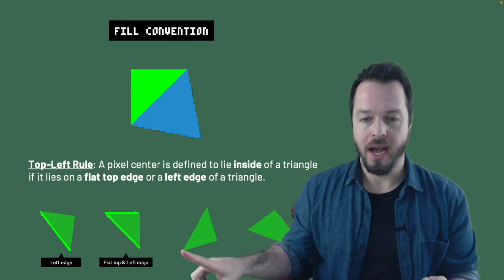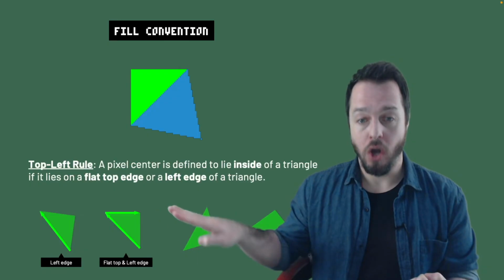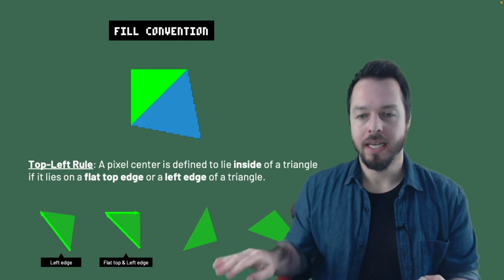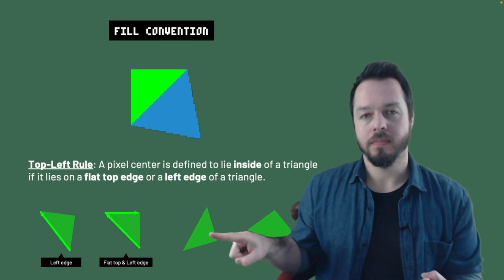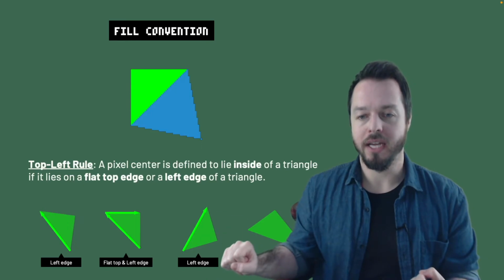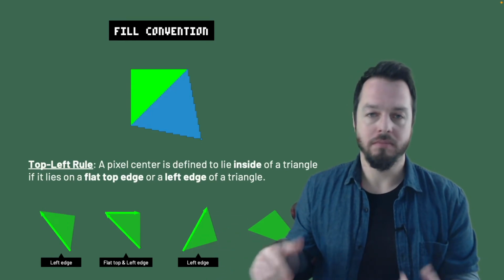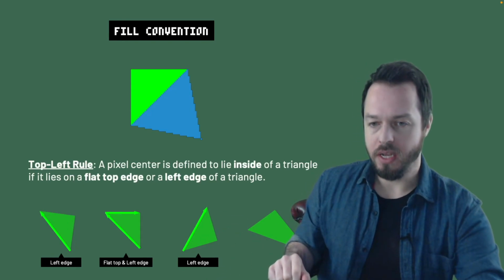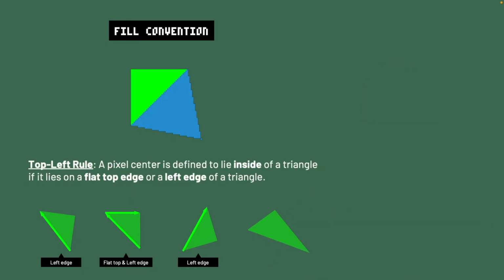So this one has both a flat top edge and also a left edge. This triangle right here, what do you think? Does it have a left edge? Yes, it does. This is a left edge, right? So this is also a left edge. Does it have a flat top? No, it does not. And this one right here on the far right, what do you think?